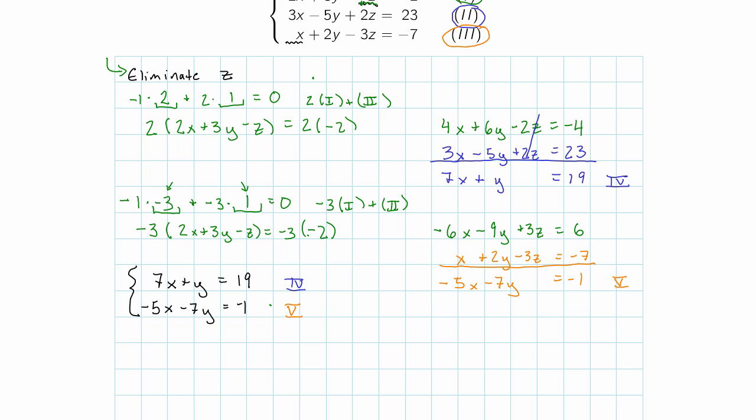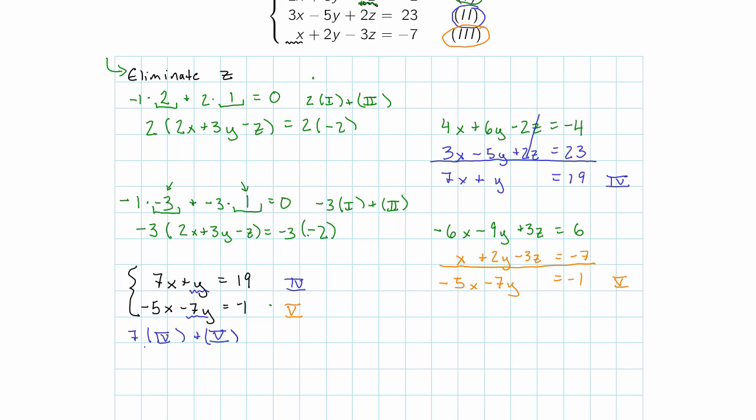I noticed that y has coefficient 1 in this equation. That's going to make my life a little bit easier. I'm still going to use elimination, but I think what I want to do to be able to eliminate this term is to take 7 times equation 4 plus equation 5.